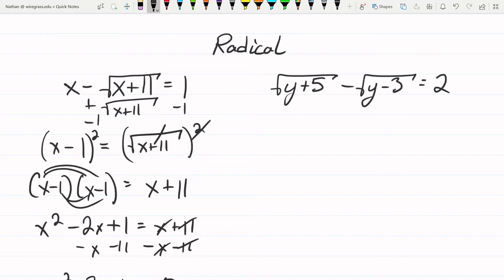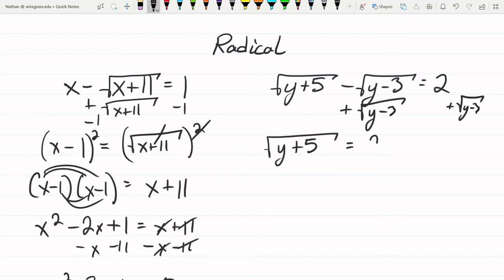So the first thing I'm going to do here is add the y minus 3 to the other side of the equation. That gives me the first radical, the square root of y plus 5, by itself, and then I can square it to get rid of the radical.